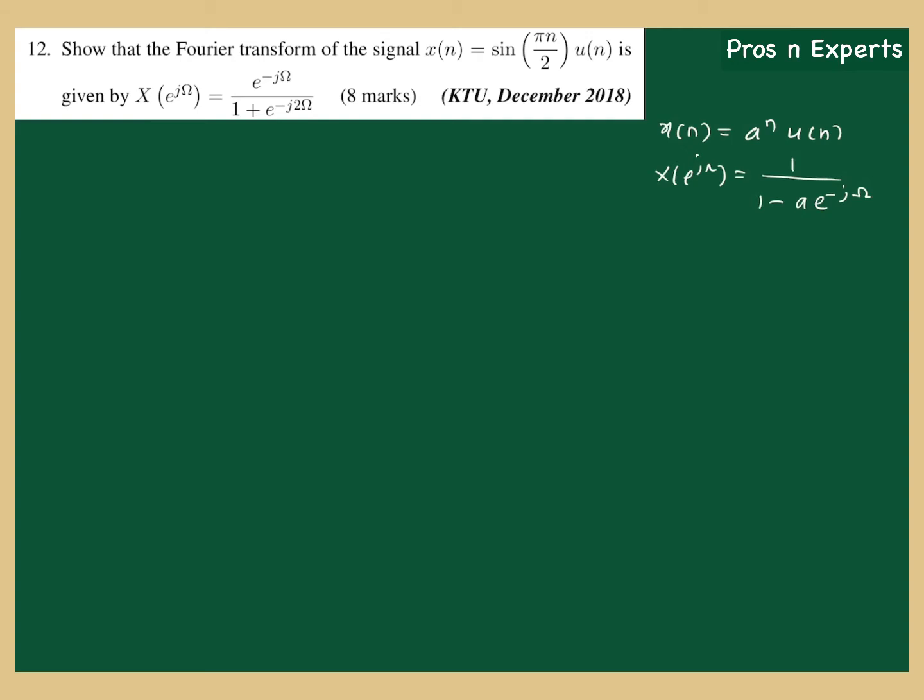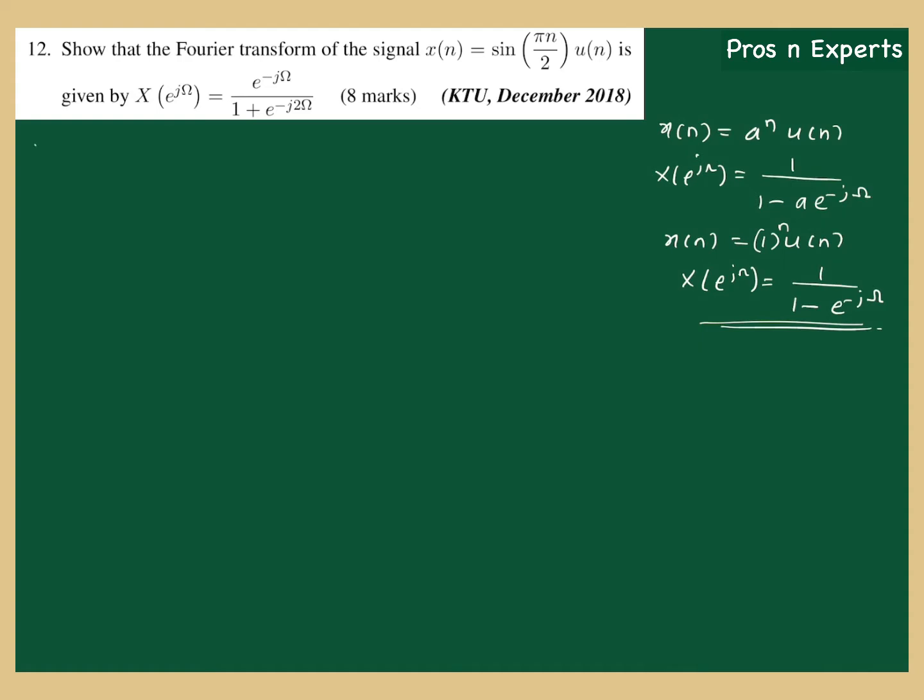Now if I take a signal x of n equal to u of n, what is its Fourier transform? x of n equal to u of n is nothing but x of n equal to 1 raised to n into u of n, and now we can relate this with the standard form. So in this case X of e raised to j omega will be equal to 1 by 1 minus e raised to minus j omega, since a is 1. So this is a takeaway from this question.